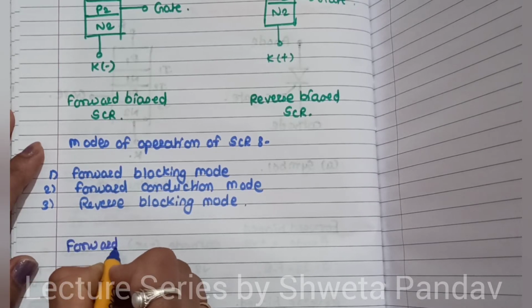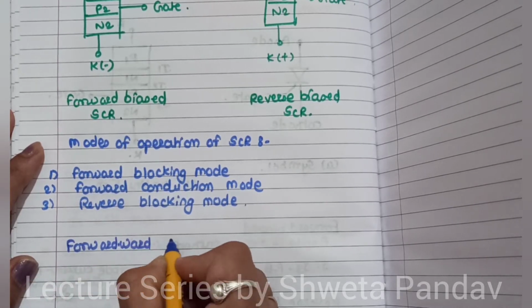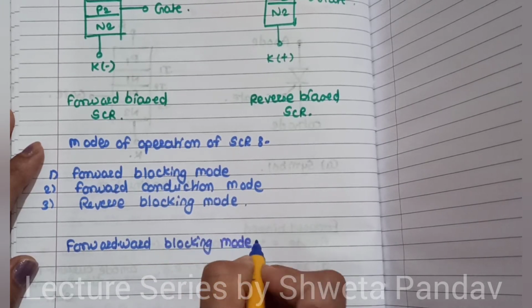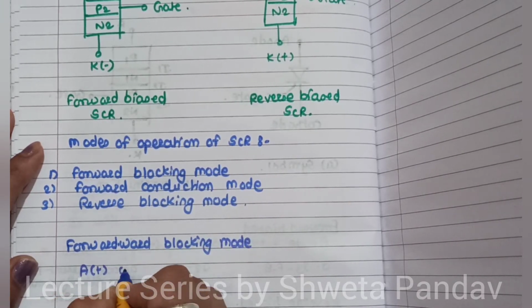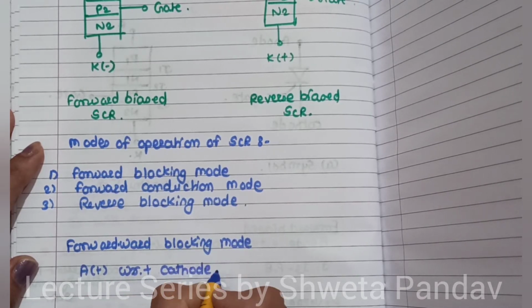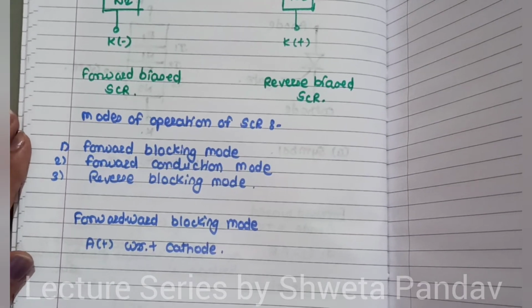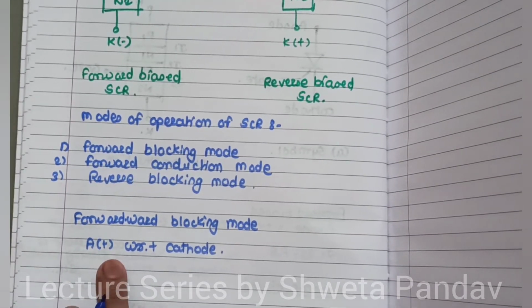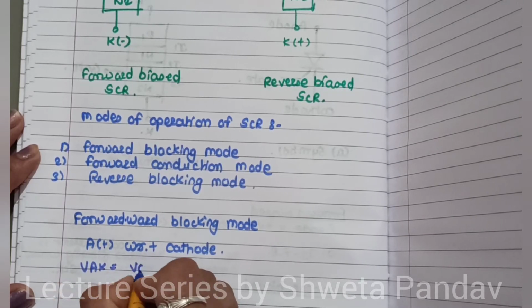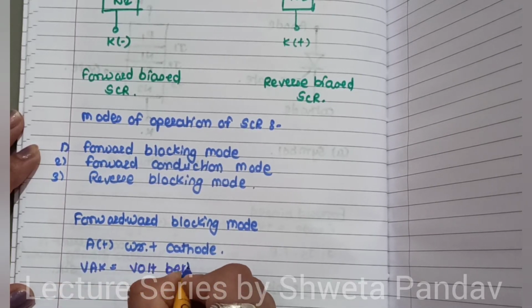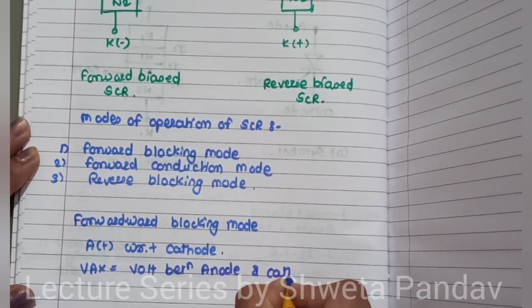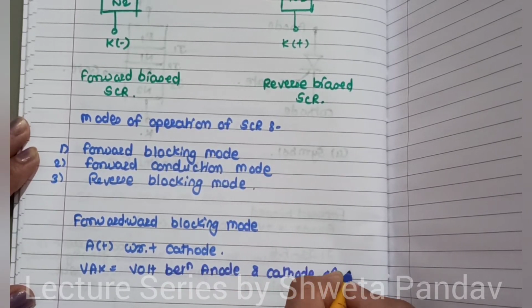In forward blocking mode, anode is positive with respect to cathode. Suppose VAK is the voltage between anode and cathode of the SCR.